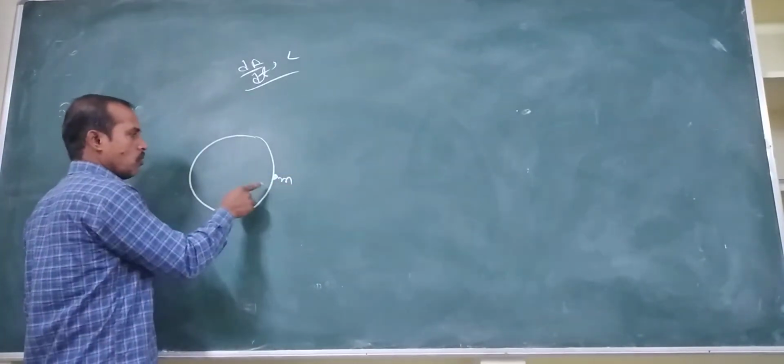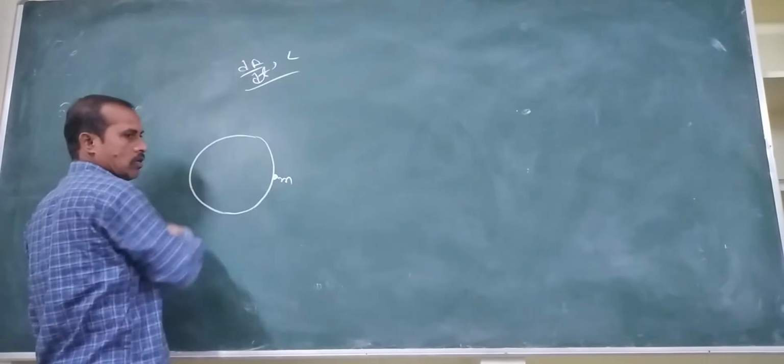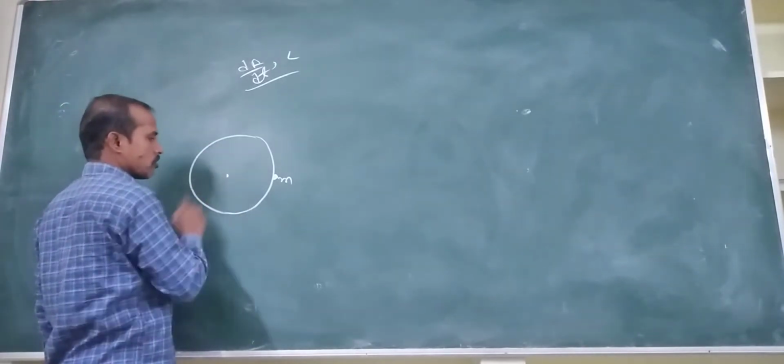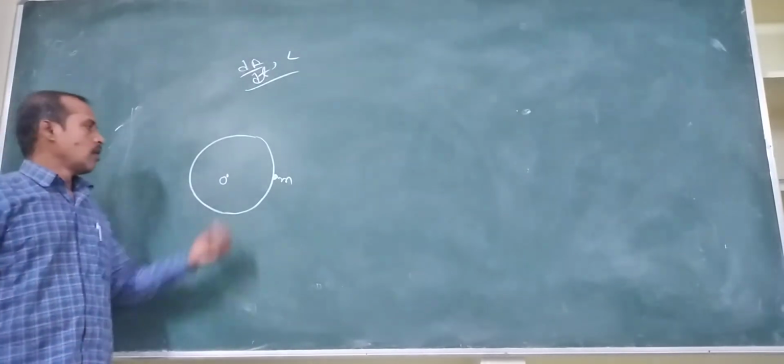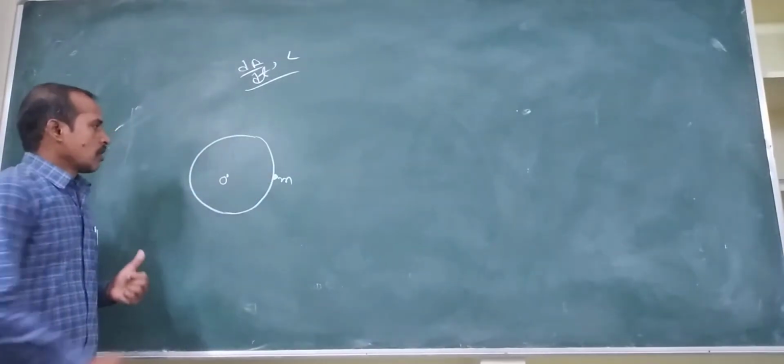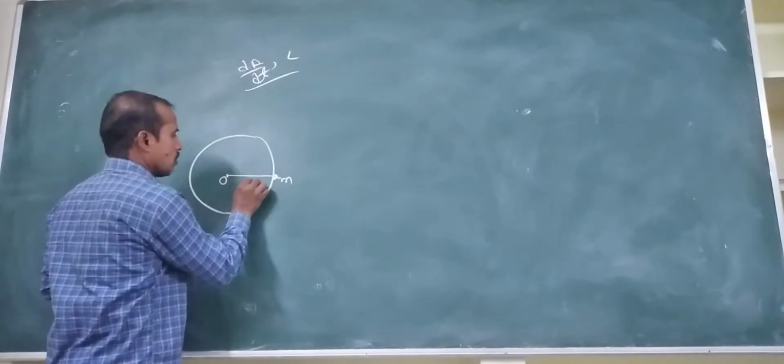This particle is moving along the circle about the fixed point, the origin O. The radius of this circle is r.